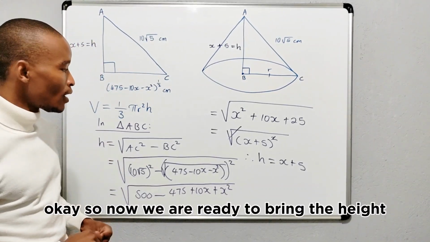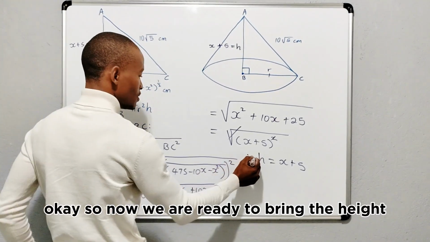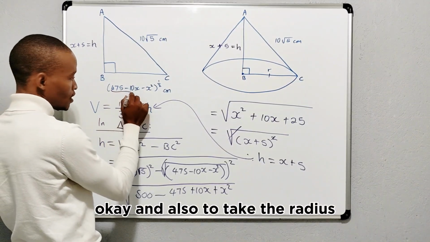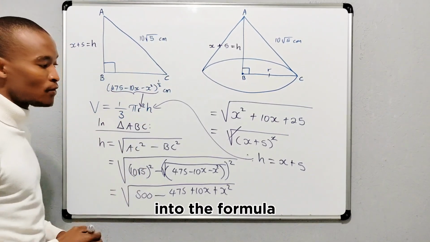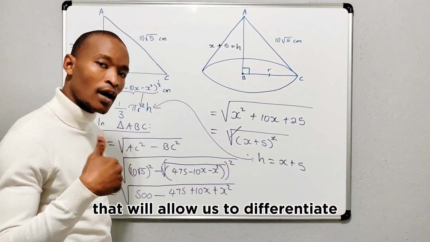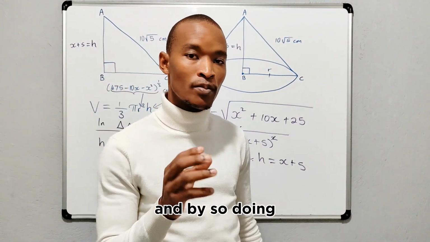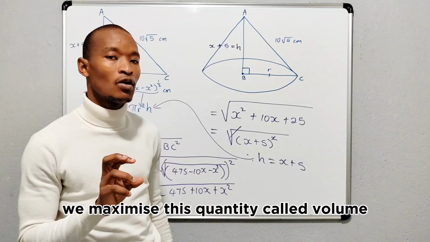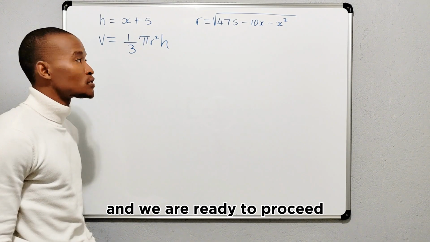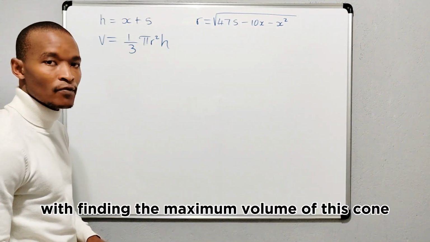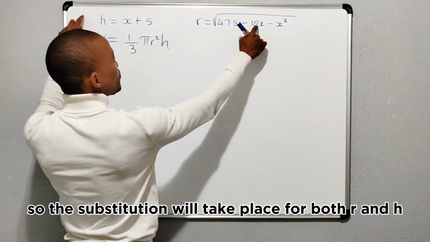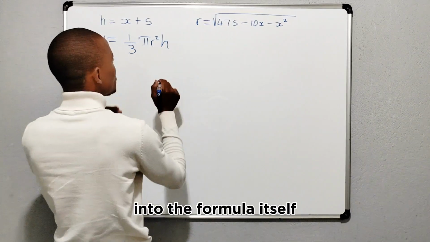Now we are ready to bring the height and also the radius into the volume formula, and we see that everything will be in terms of one variable that will allow us to differentiate, and by so doing we maximize this quantity called volume. So this is where we are now, and we are ready to proceed with finding the maximum volume of this cone. The substitution will take place for both r and h into the formula itself.